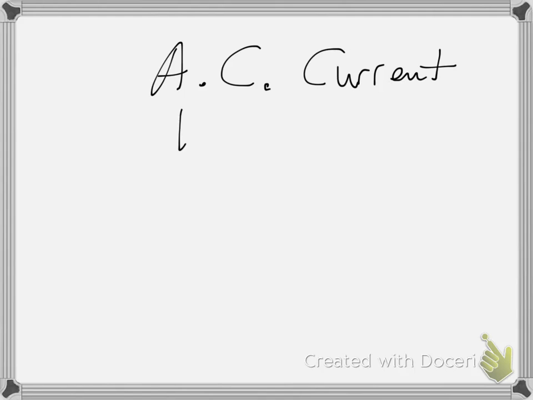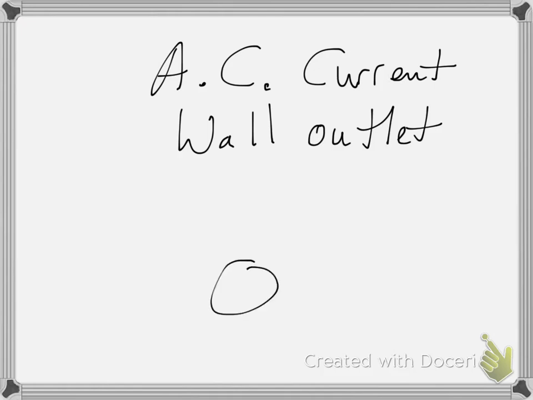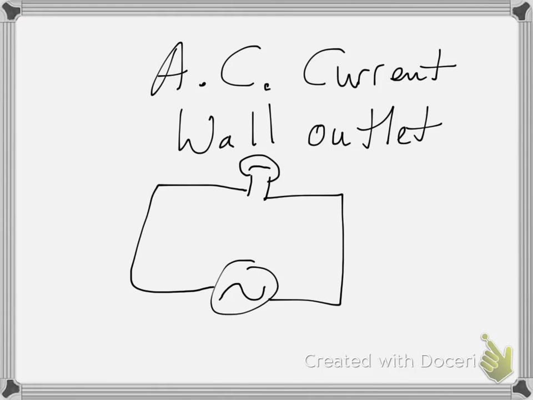That is opposed to alternating current, or AC, which is what your wall outlet gives. If I have an AC source, and we denote it like this, and I have a light bulb, then for a little bit of time current is pushed out in this direction, and then it reverses direction, and then it keeps on reversing.